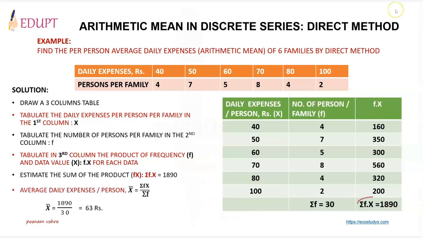Then have the summation of Fx, which is 1890, and have the summation of frequencies, which is 30. And finally, find out average daily expenses or arithmetic mean by applying this formula, sigma fx by sigma f, which is 1890 by 30, and it is 63. So the interpretation is that per person average daily expenses is rupees 63.